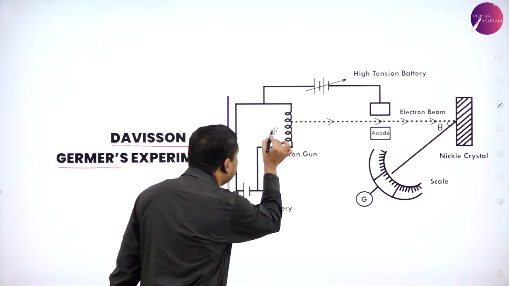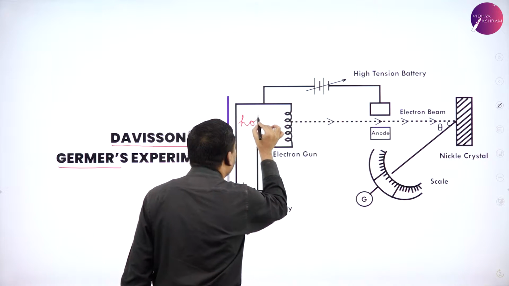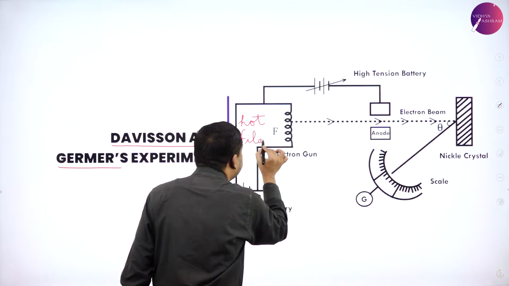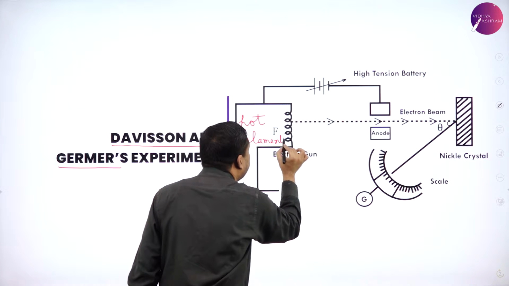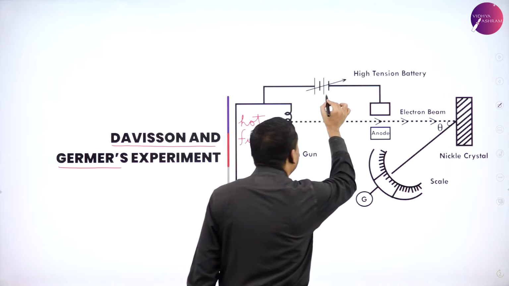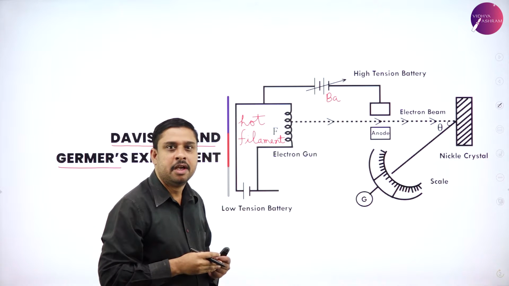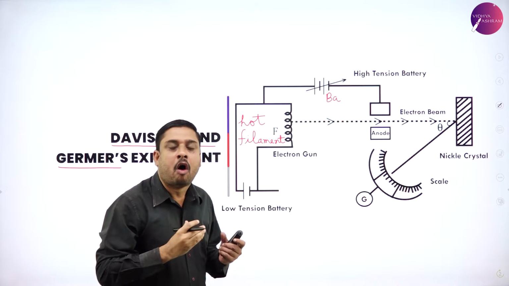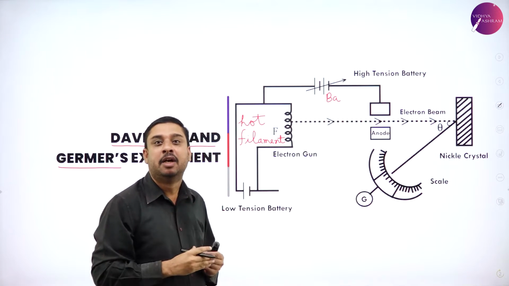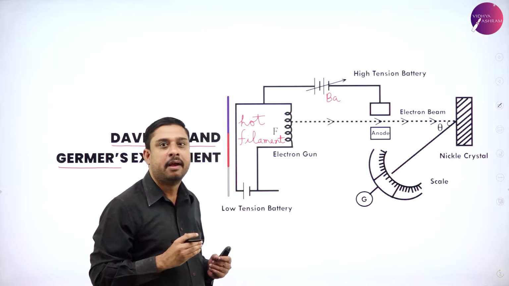If you observe F, it is a hot filament. F is a hot filament that is connected to a high tension battery.